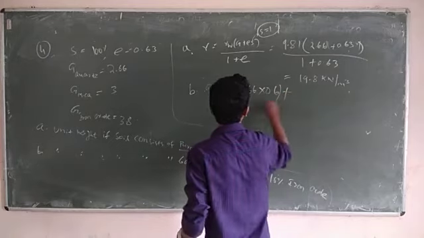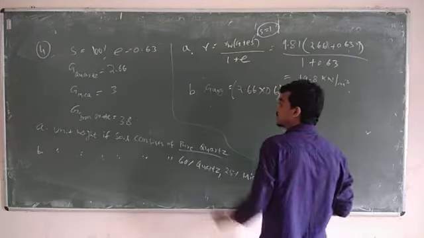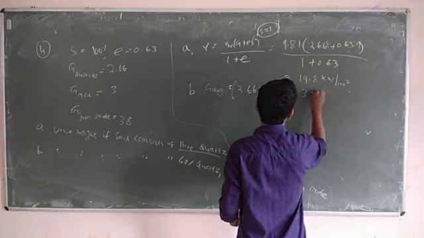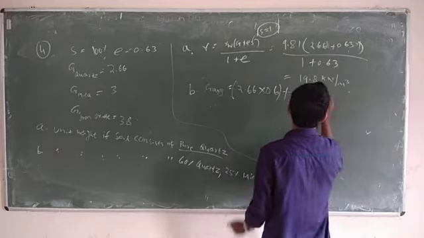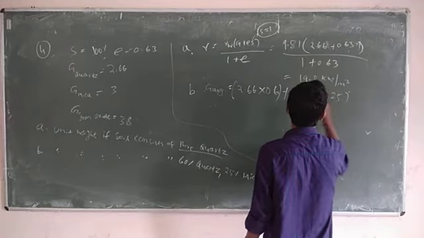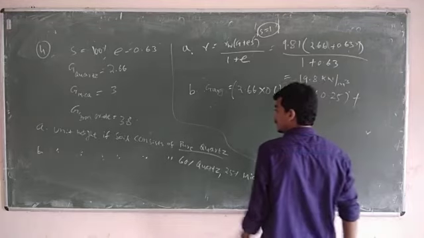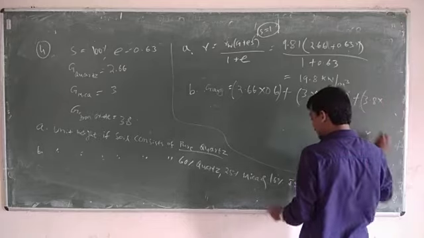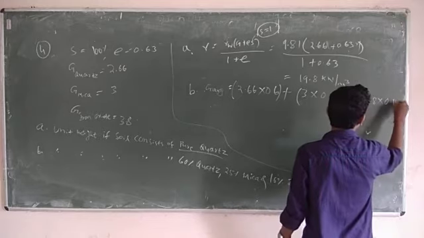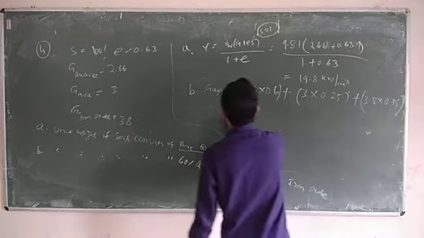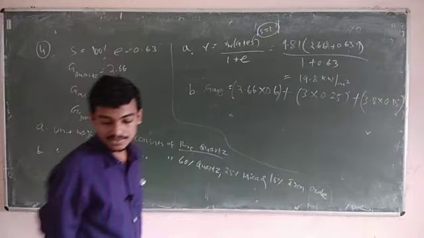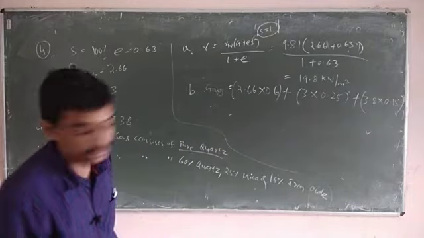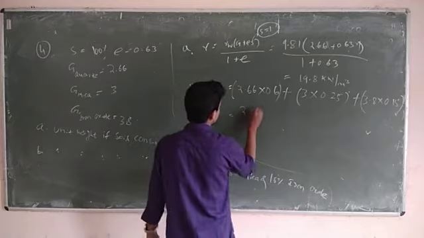Plus, mica that is 3 and the percentage is 25%, so multiply 0.25, plus G is 3.8 and the proportion is 15%, so multiply 0.15. So this will give you the G average, that is coming around 2.92.